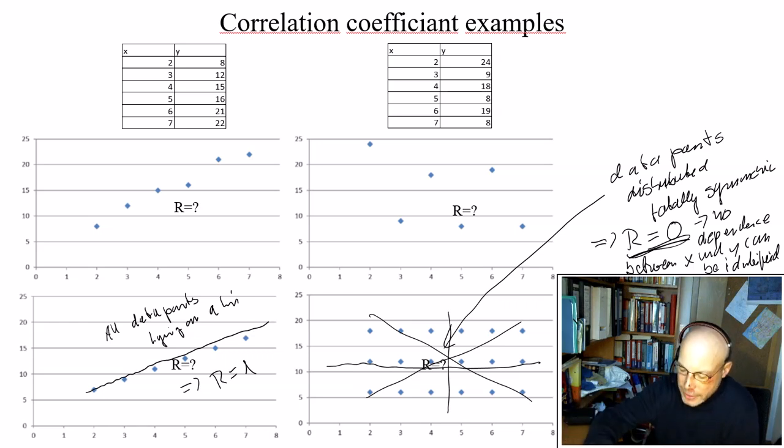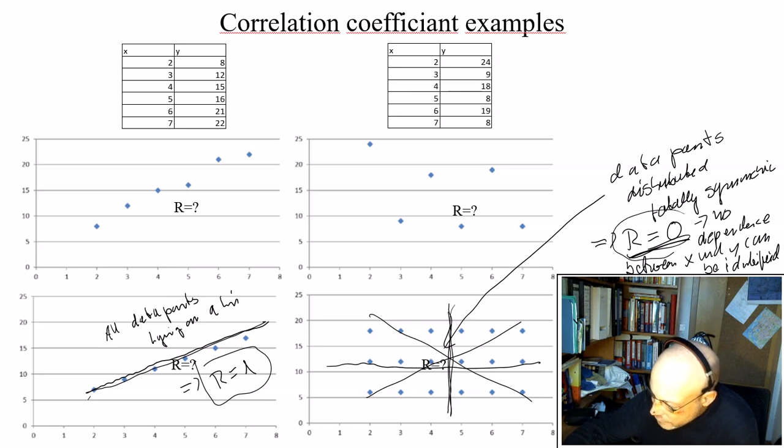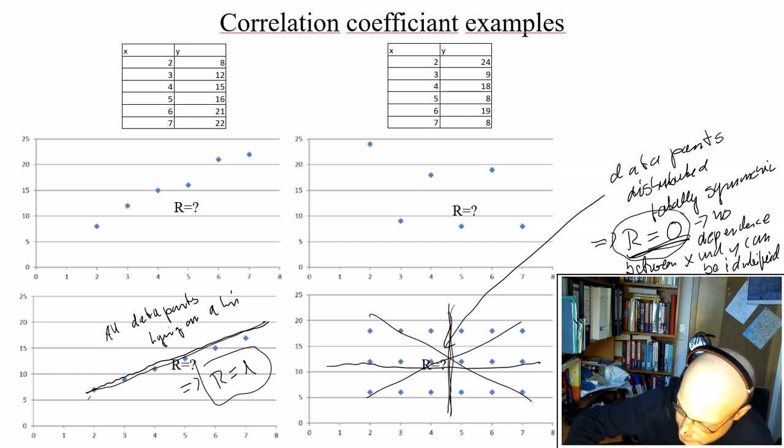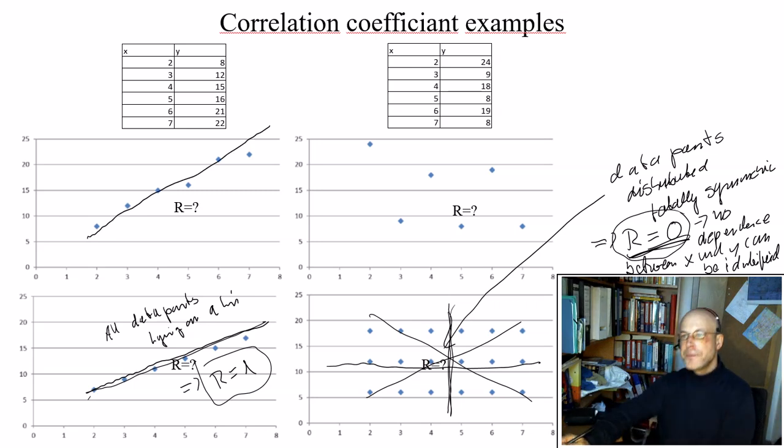Here, when every data point is lying on the fitted line, then we have a correlation coefficient of r equals 1. And if we have, so to speak, no idea which would be the best line, then of course we have no correlation, and we would have a correlation coefficient of 0.